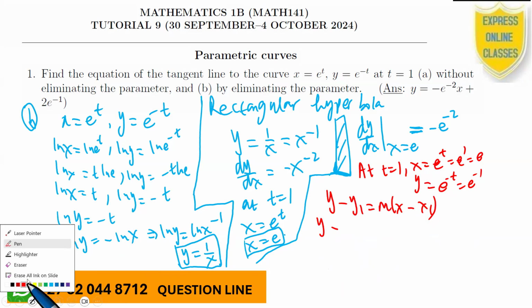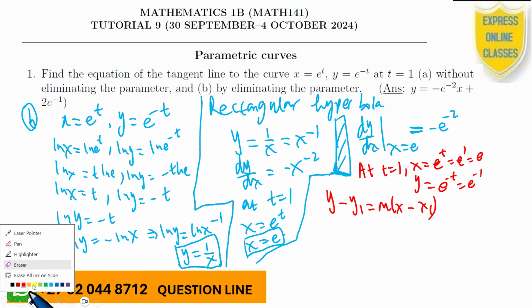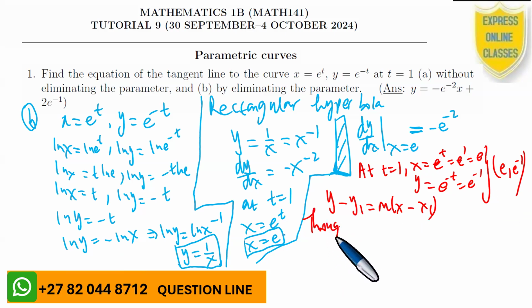Obviously, at this point, it is through the point. So this line would therefore pass through e, e to the minus 1, giving us x1, y1.